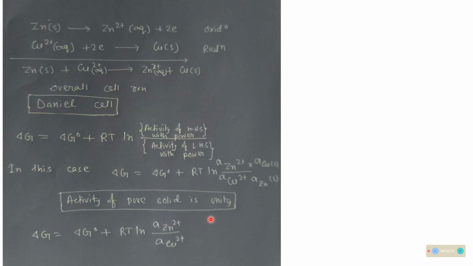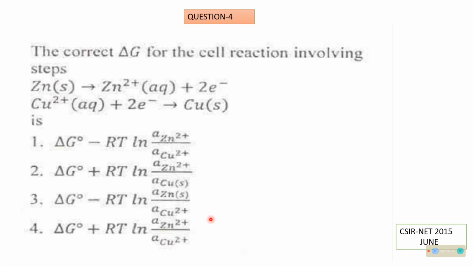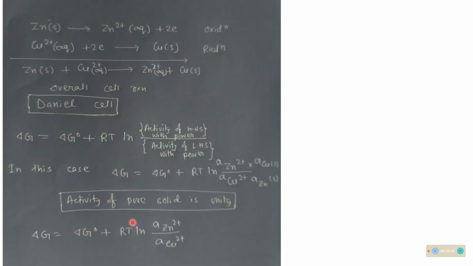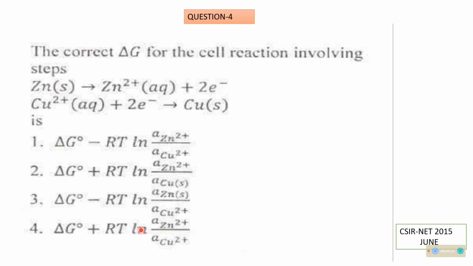So delG is equal to delG0 plus RT ln Zn2+ by copper 2+.